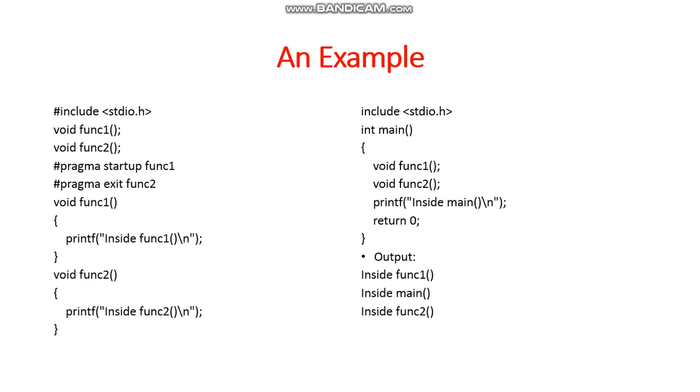Here is the example. We have declared and then defined two functions named func1 and func2. Both these functions print two messages, that is, inside func1 and inside func2 respectively.